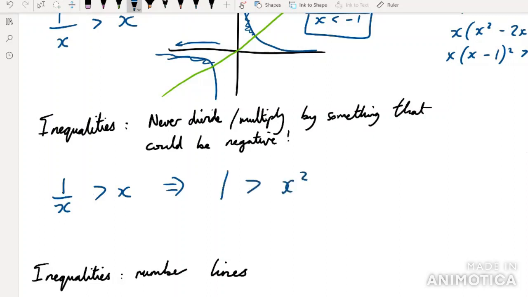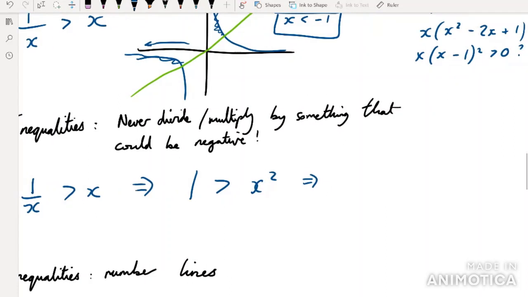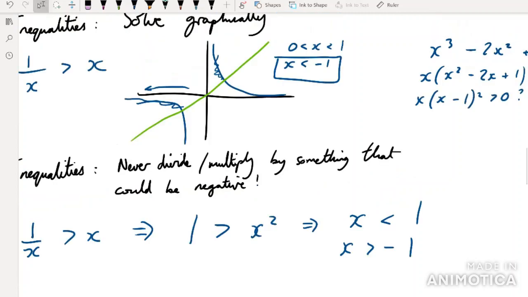And so what? I suppose using our rules, we'd say that x is less than 1, or x is greater than minus 1. That's using the rules we talked about earlier, except that's not what we got before.